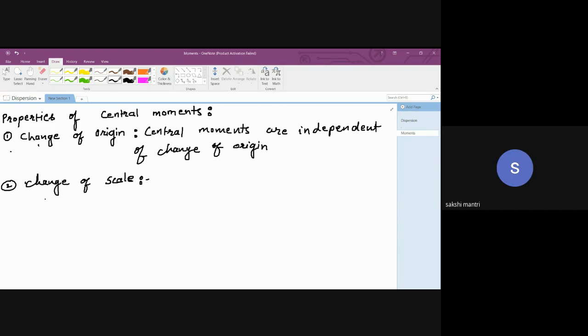So it is dependent. What could be the relation? Mu will be divided by or multiplied by 5. Mu will be divided by 5. Height, h.